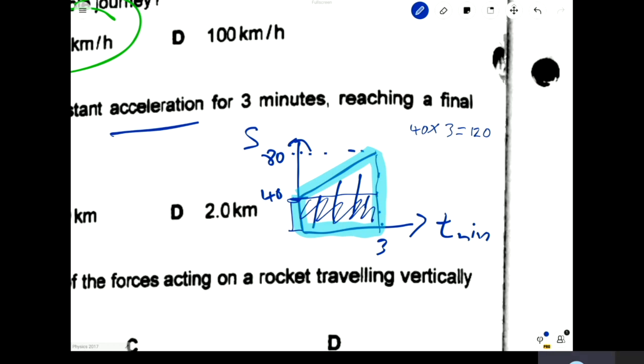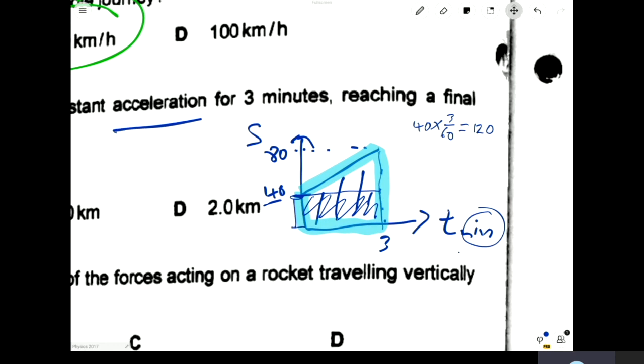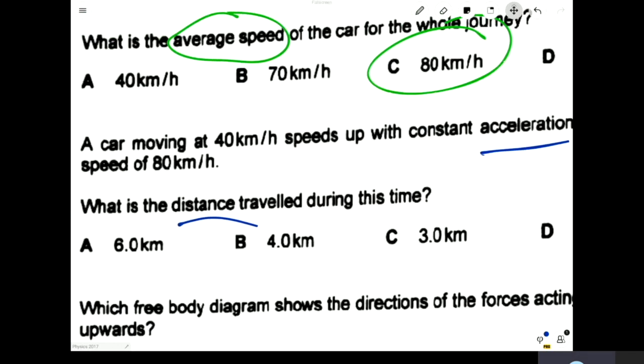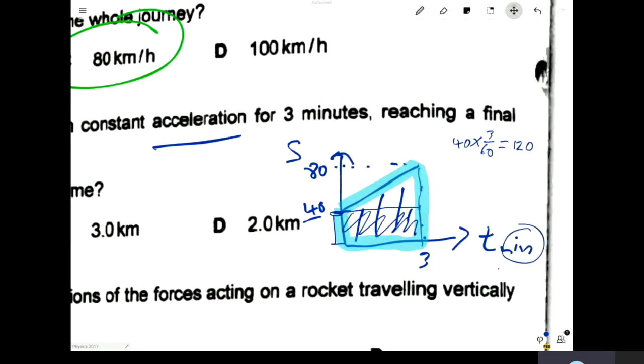I need to change the time to hours, 3/60, because this 40 is in km per hour. I cannot use minutes here.